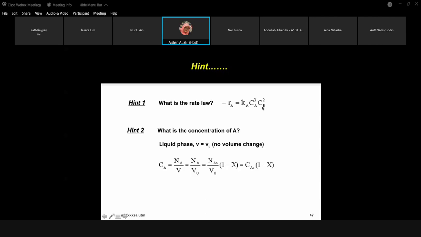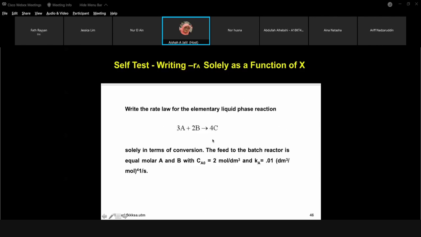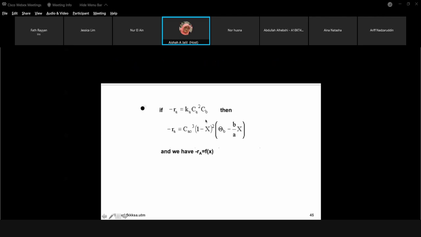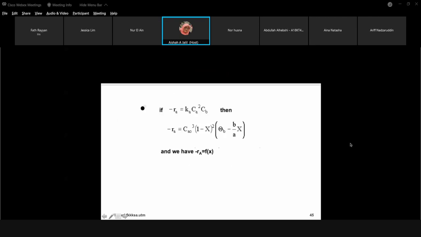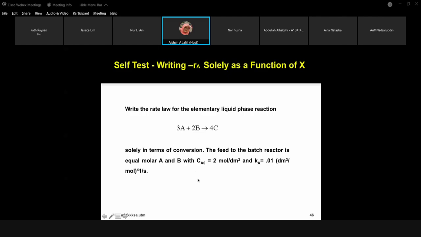How to find out for the CB? CB is CA naught in bracket theta B minus B per A X, right? CB equal CA naught theta B minus B per A X, okay? So I want to ask you, which is the limiting reactant? You have to know about the limiting reactant because you have to divide the stoichiometry by the limiting reactant.